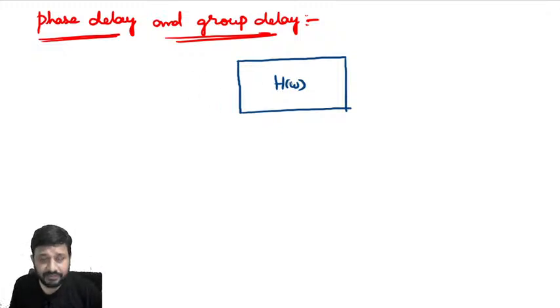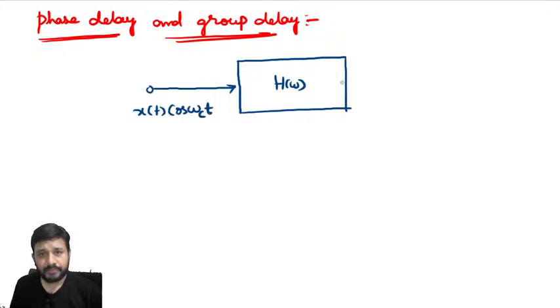Now, I am going to give this kind of signal as the input, x of t cos omega ct. Whenever you pass any signal through an LTI system, definitely delay is expected at the output.